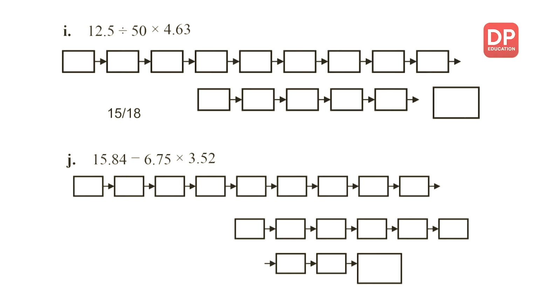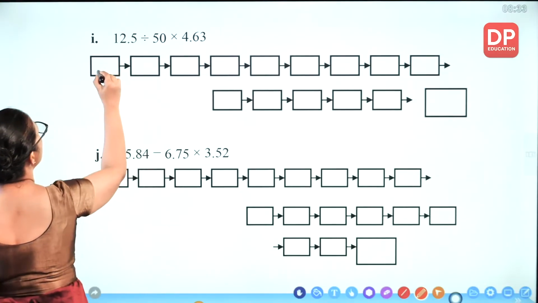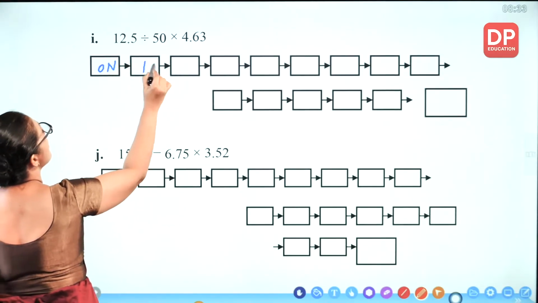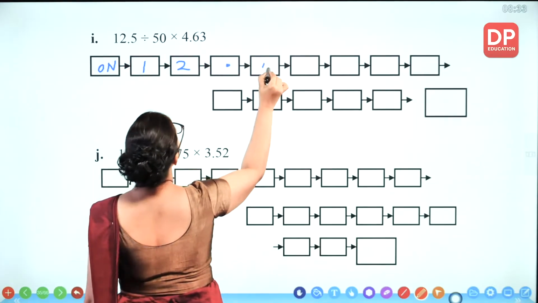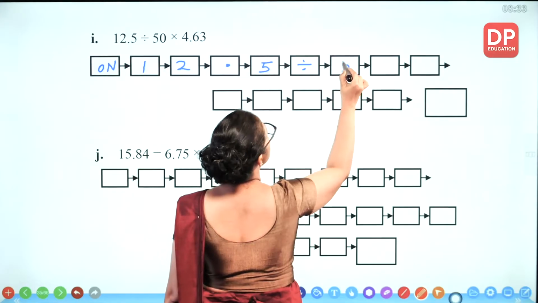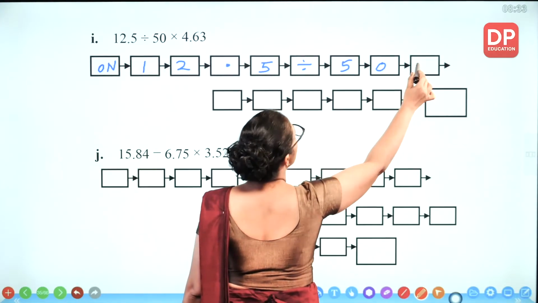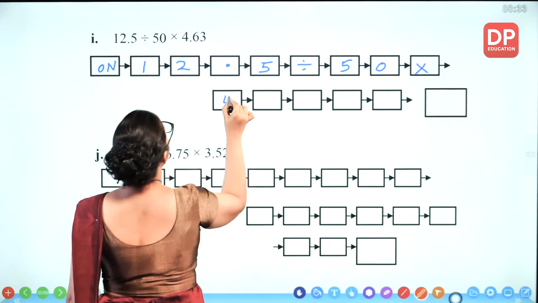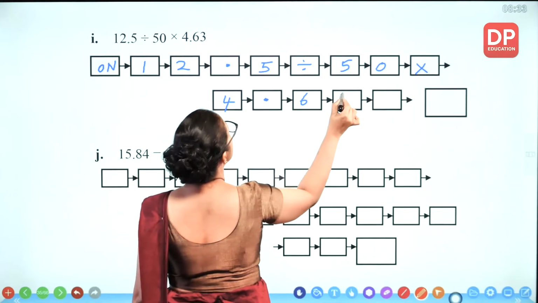Do these calculations. Switch on the button. 12.5 divide by 50 multiplied by 4.63.